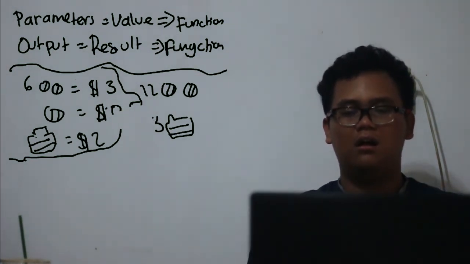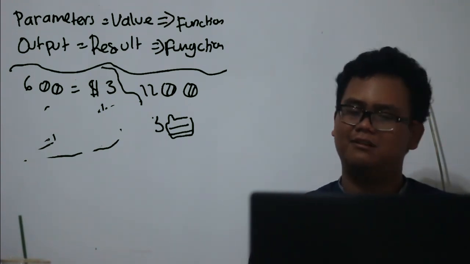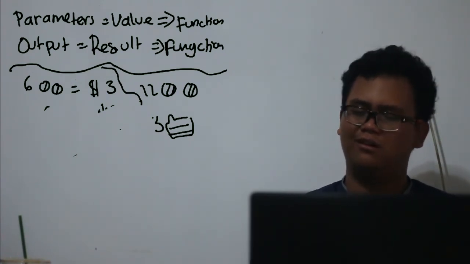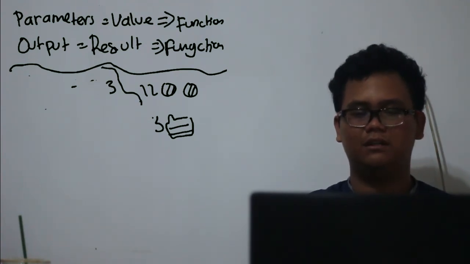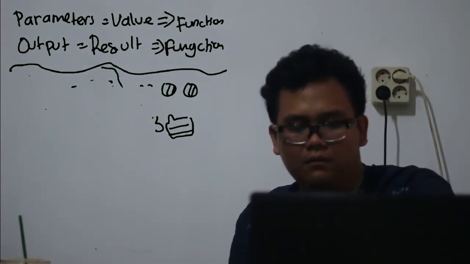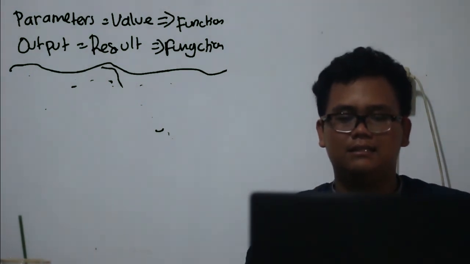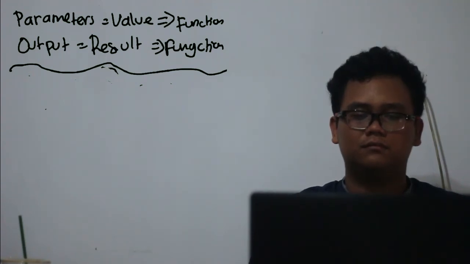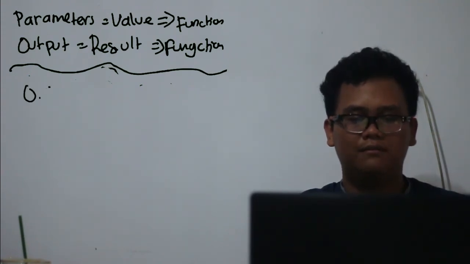So we can translate it into math writing, or we can say the function: 0.5x plus 2y.